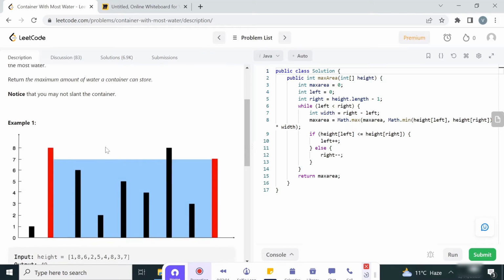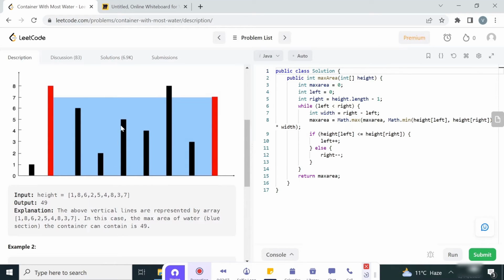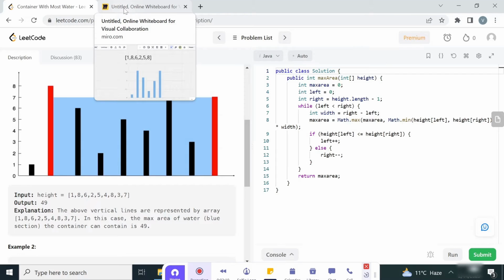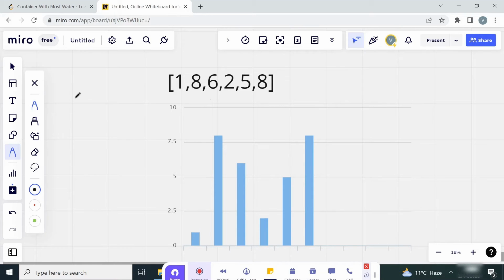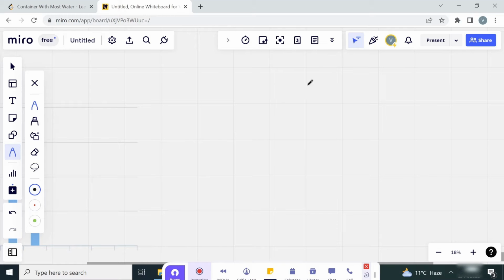Let's try to see this problem with an example and understand what approaches we can take to solve it. The first approach that comes to mind is brute force. Suppose we have verticals lying like this.